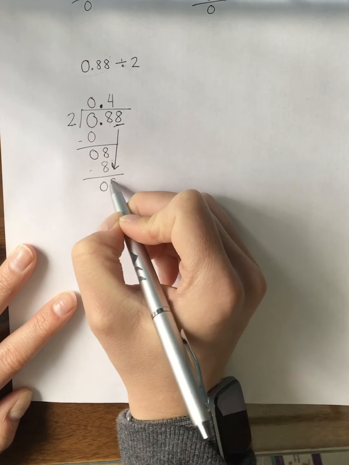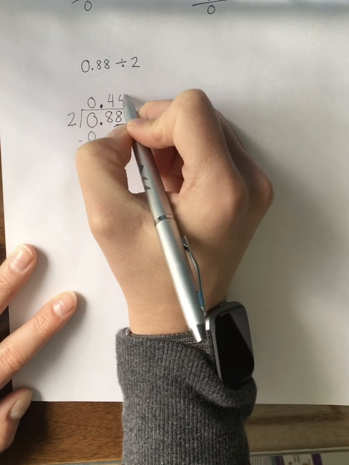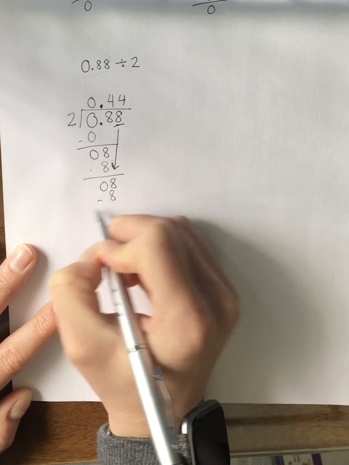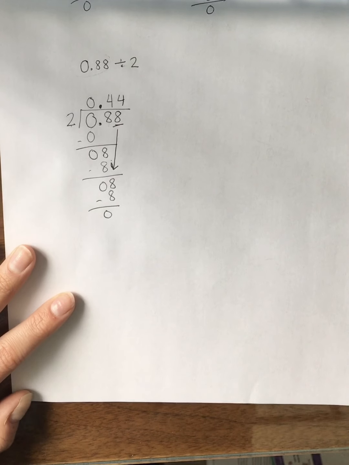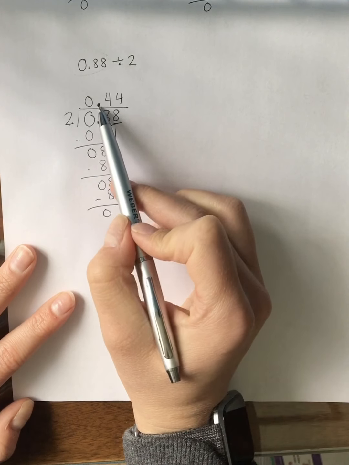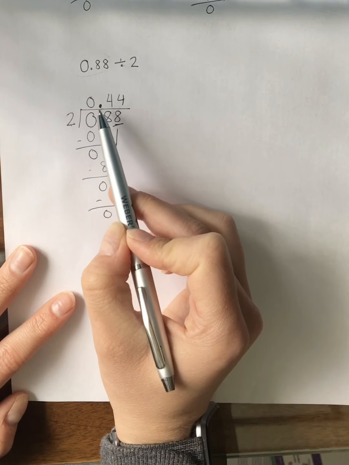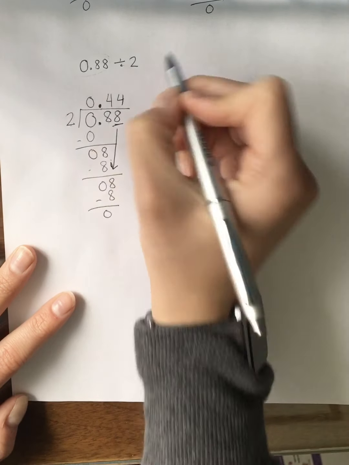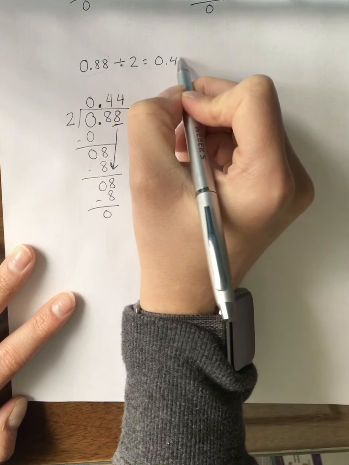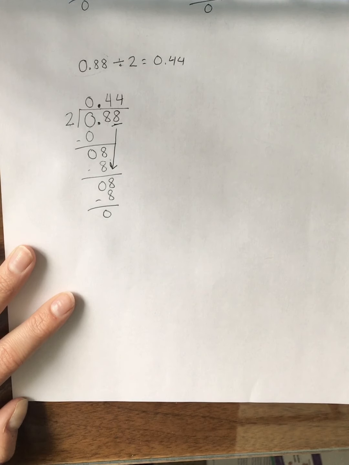So I bring down that second 8. 2 goes into 8 4 times. 4 times 2 is 8. I get a remainder of 0. And when I look up at my answer, I find that I have an answer of 44 hundredths, or 0.44.